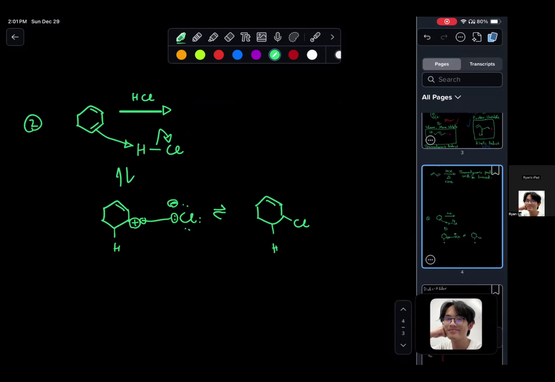We could also have the scenario of this. H right here. This right here, plus charge right here. We do some resonance. Plus charge right here.